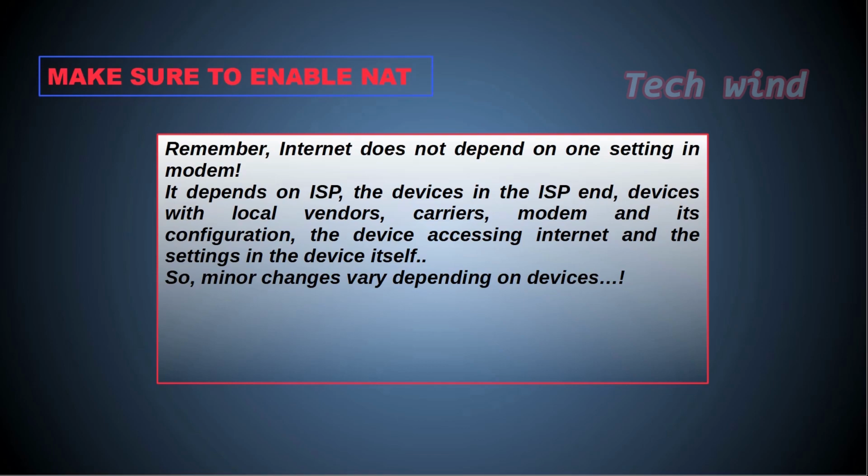So minor changes in settings vary depending on devices. Why I said this is because just a second earlier I said that you must turn off LAN DHCP. For some modems, without turning off LAN DHCP also it will work.